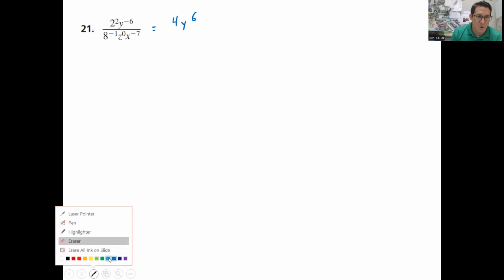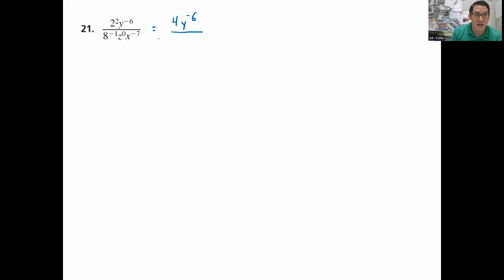All right, another long example. First thing I'm going to do is evaluate some positive exponents. So this 2 squared is 4. I know what that is, so I'm just going to clean that up a little bit. Y to the negative 6.